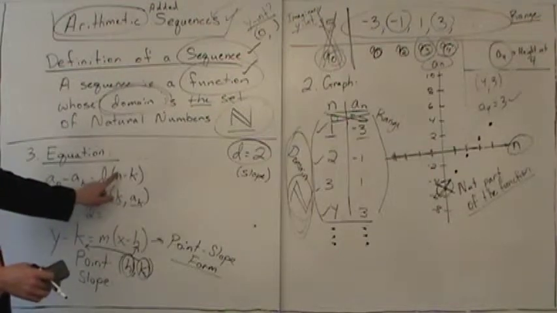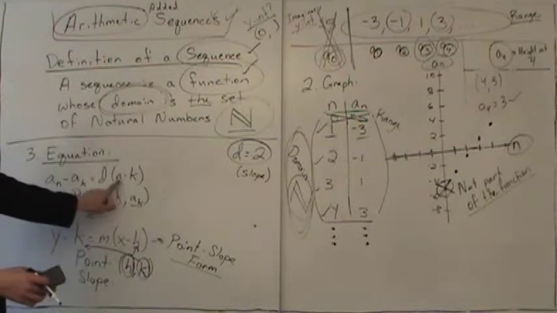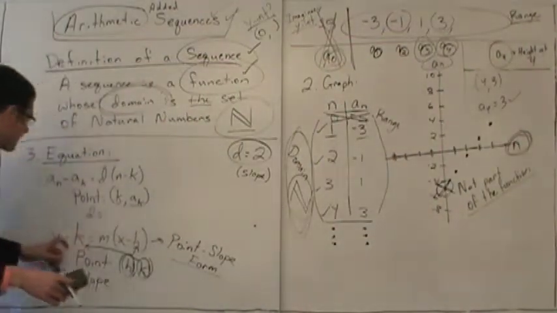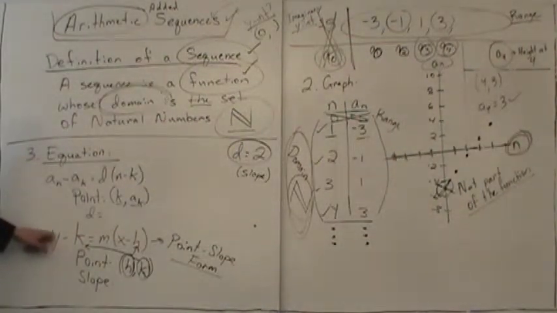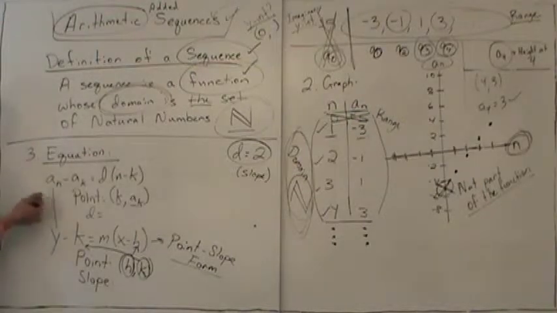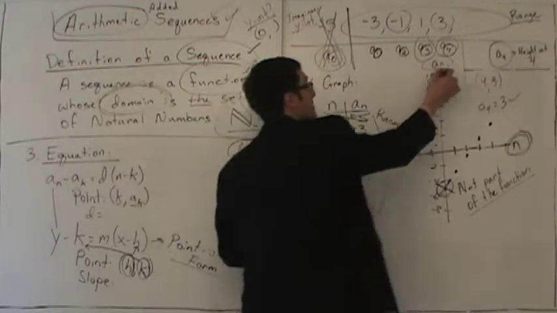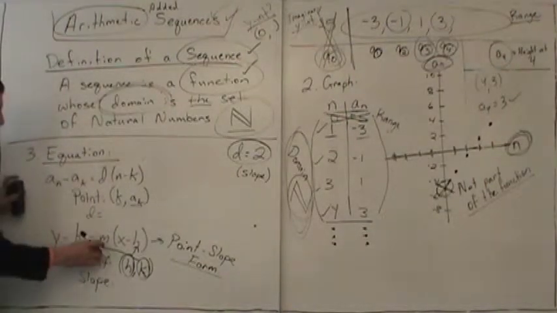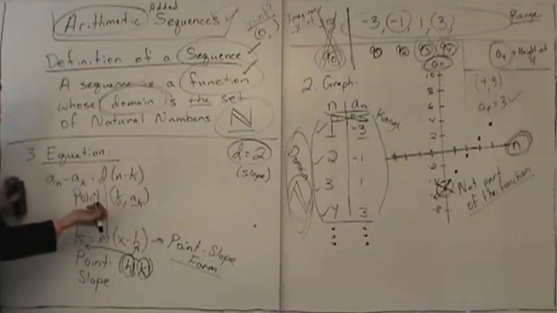In the arithmetic sequence form, instead of x, we're using n. Instead of y, we are using a sub n. Notice the y-axis is called a sub n. Also, instead of slope m, we're calling this d, the common difference.